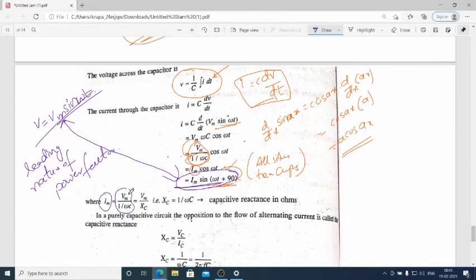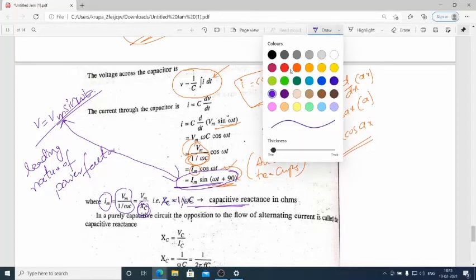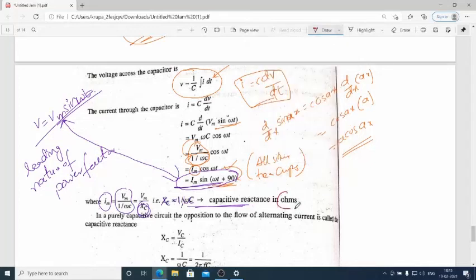So I is equal to Vm upon 1 upon omega c. This omega c means capacitive reactance. Xc is equal to 1 upon omega c is treated as capacitive reactance, measured in ohms.